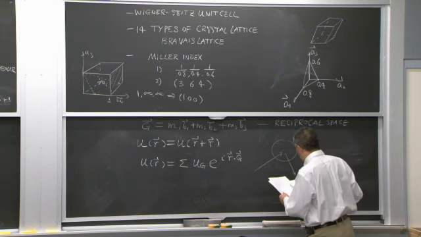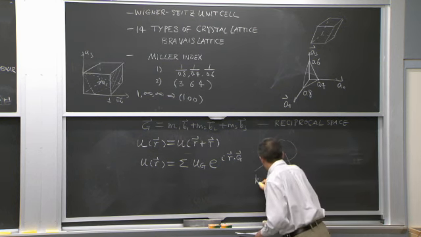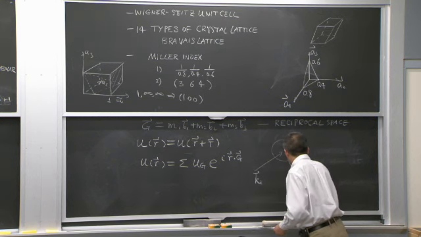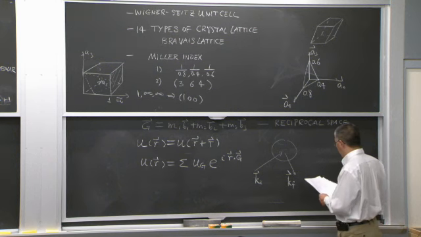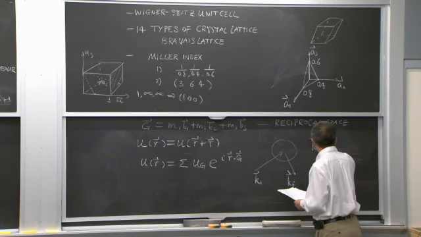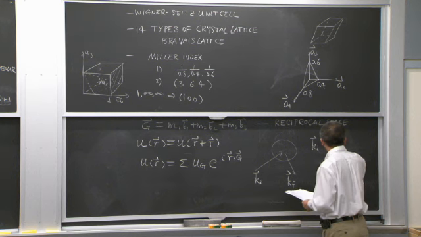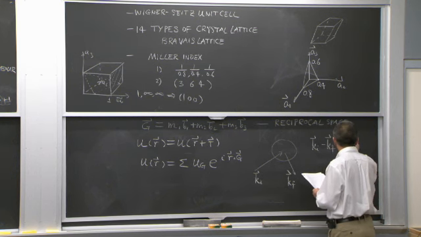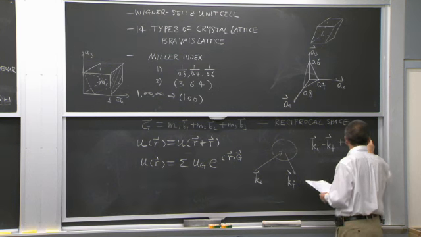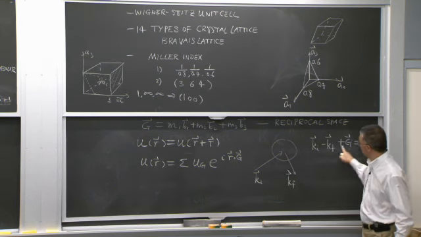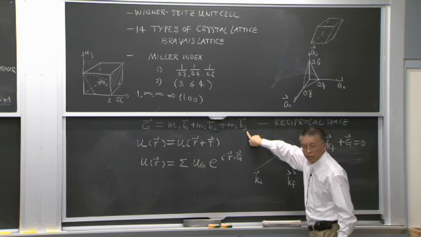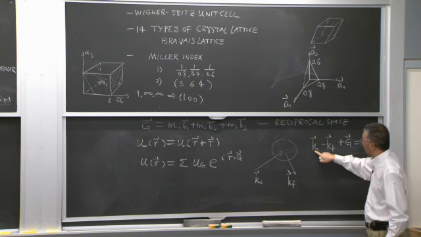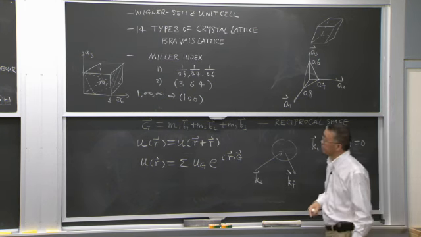If this is the wave vector of the incident wave, and this is the wave vector of the reflected wave, then Ki minus Kf plus G equals 0, where G is a lattice point in the reciprocal space.